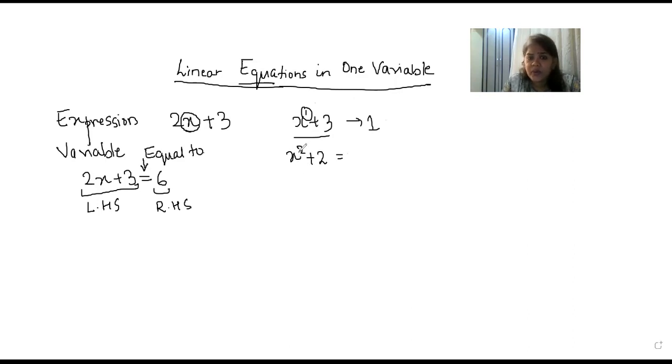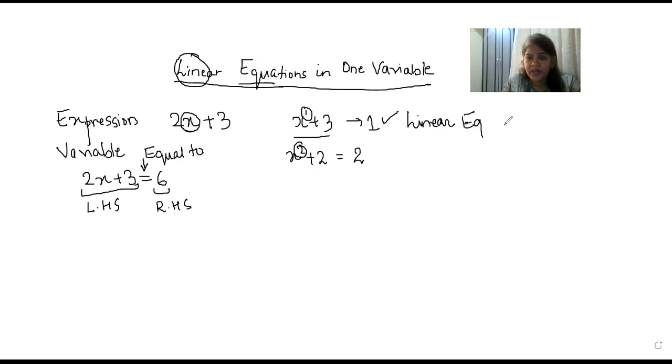The power of the variable is 2, thus the degree of the expression becomes 2. Now, the word linear means single. Therefore, an equation which has degree 1 is called a linear equation.